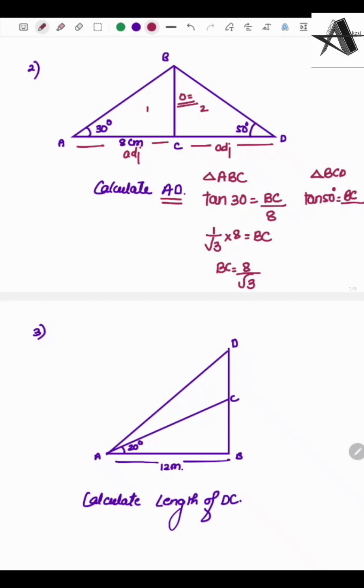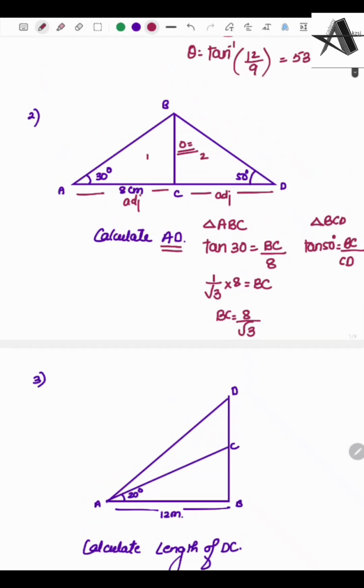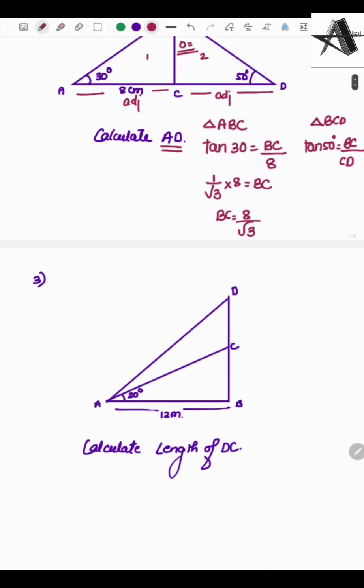Adjacent is connected with the 50 degrees, so this is over CD, which we have to calculate. Now putting the values of tan 50 and BC, on rearranging, I'll get CD as BC over tan 50 degrees. So BC is 8 over root 3, over tan 50. On solving, I'll get CD as 3.87.